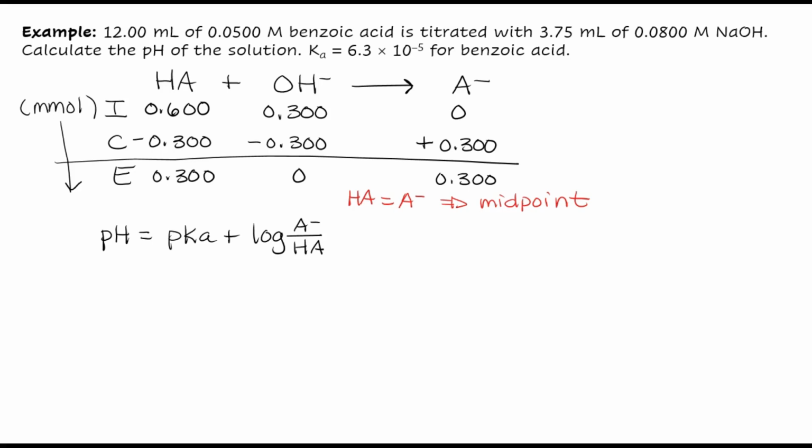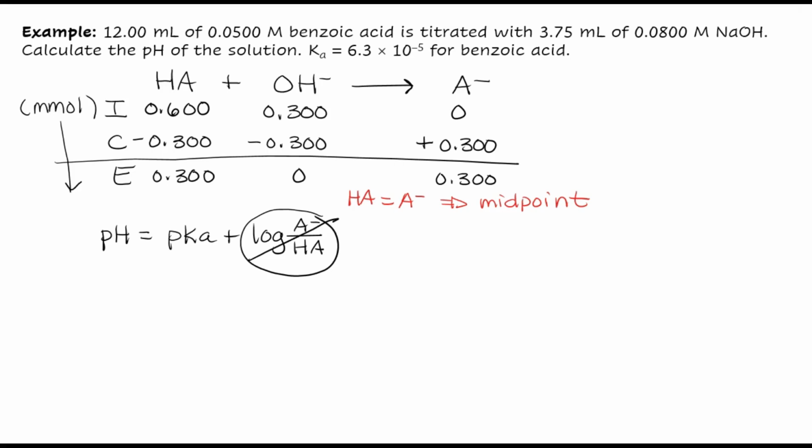In this situation, HA equals A-, which means we're taking the log of 1, and the log of 1 is 0, and so this term drops out, and we're simply left with pH equals pKa.